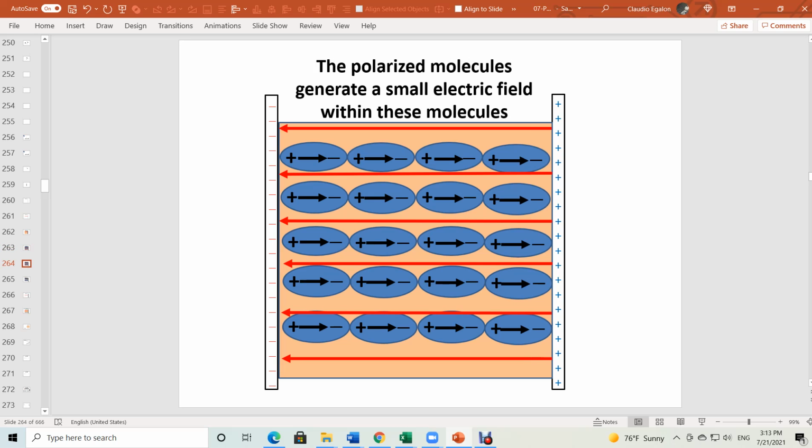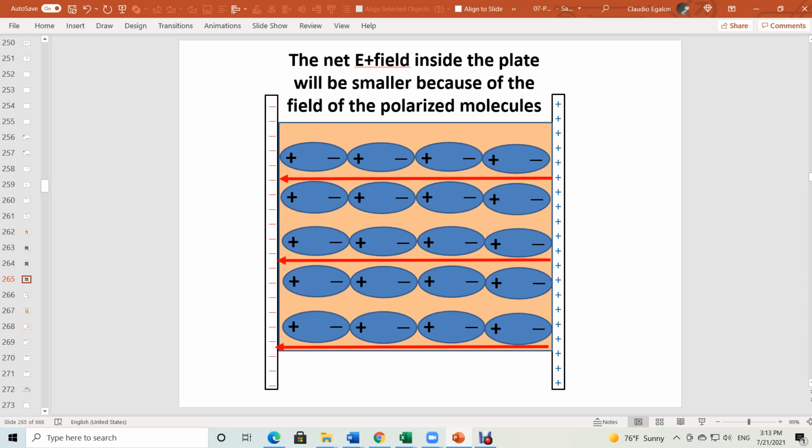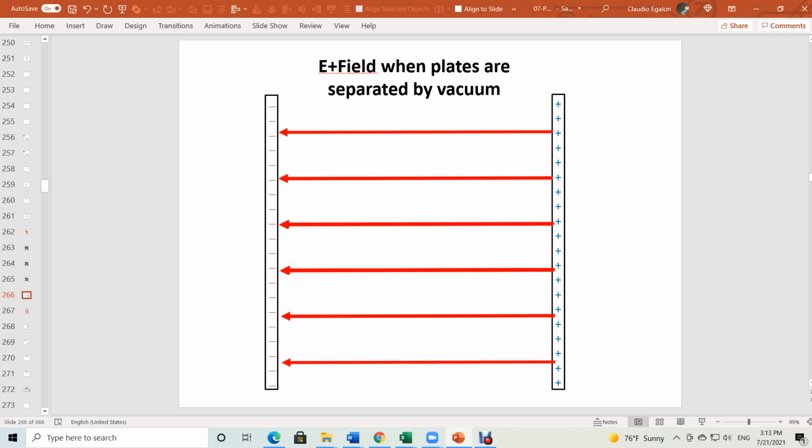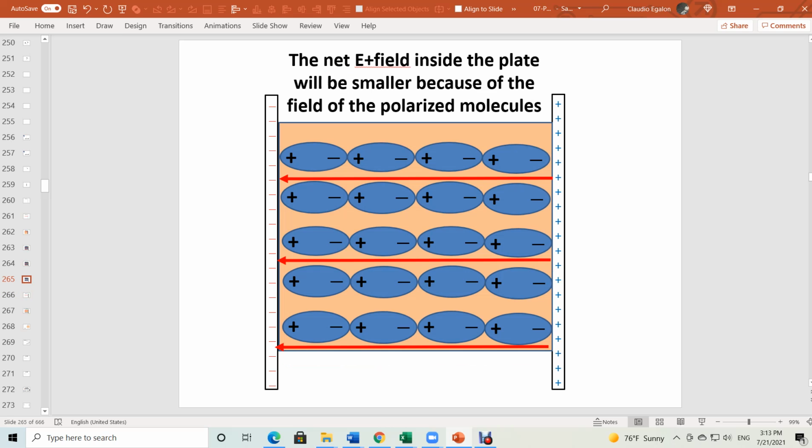Okay? Polarized molecules generate a small electric field within these molecules that cancels out the net electric field of the plates. Okay? So that's why we end up with a higher capacitance and less energy there inside the capacitor. Higher capacitance doesn't mean more energy, okay? It means less energy.